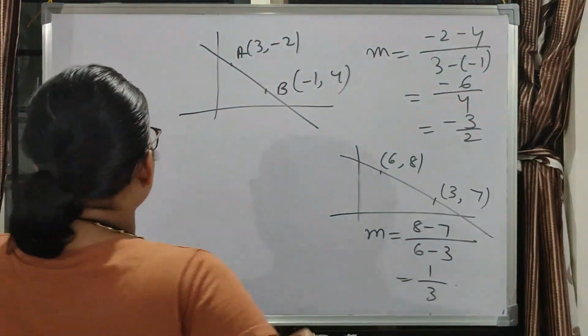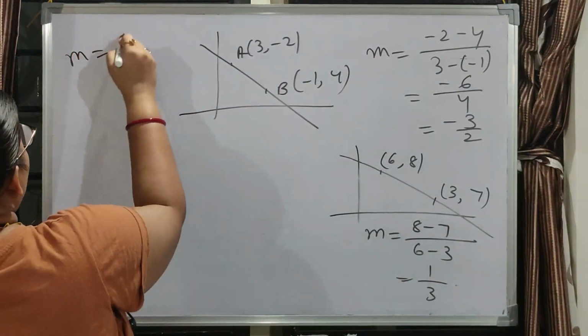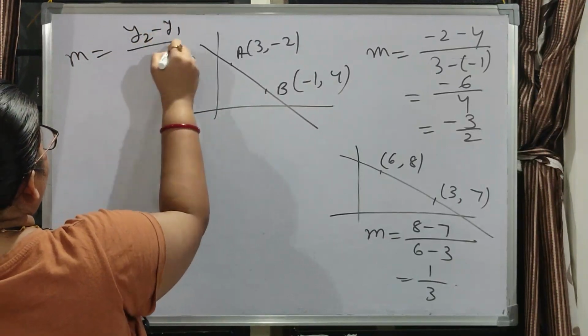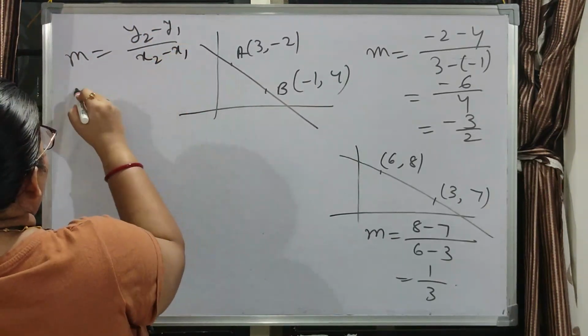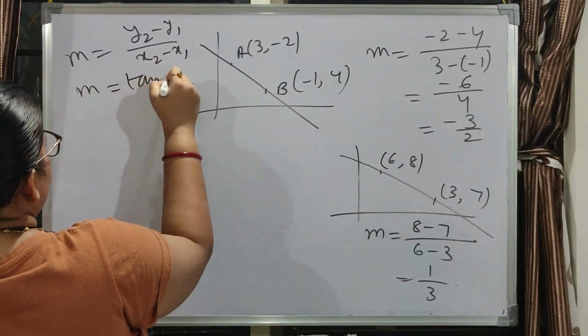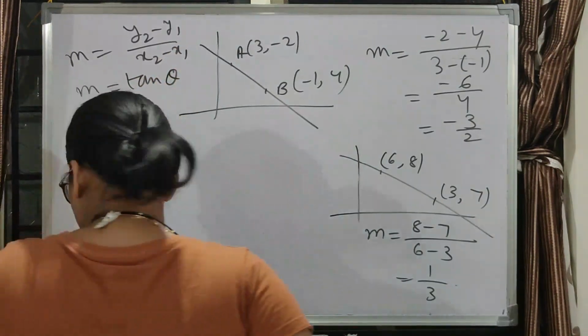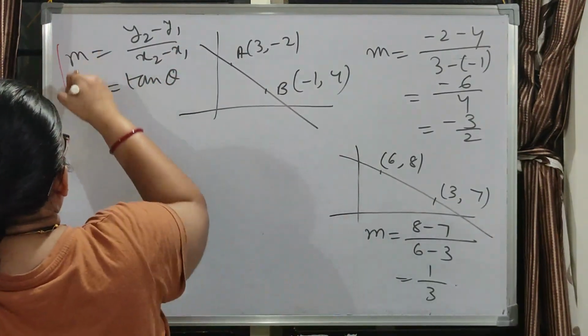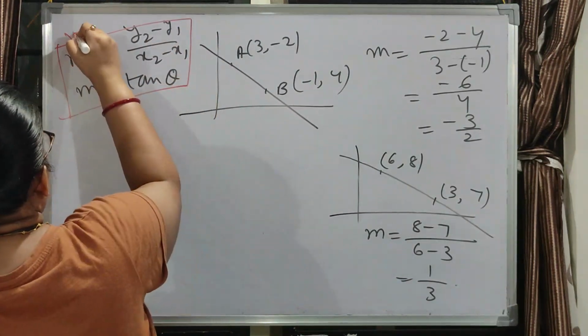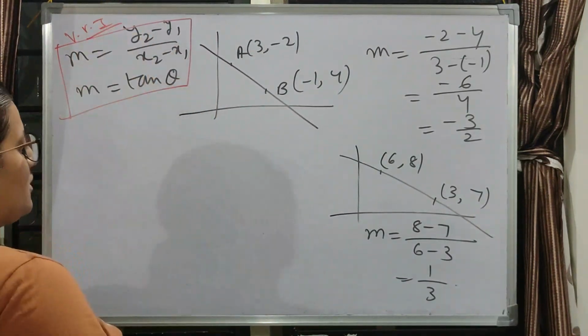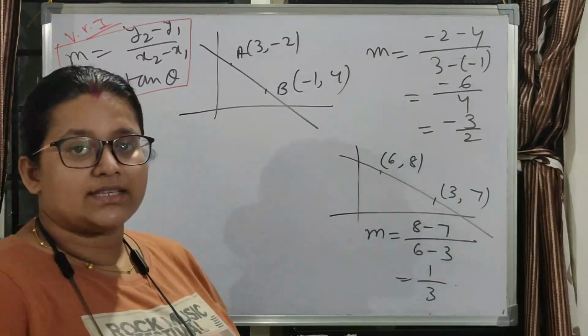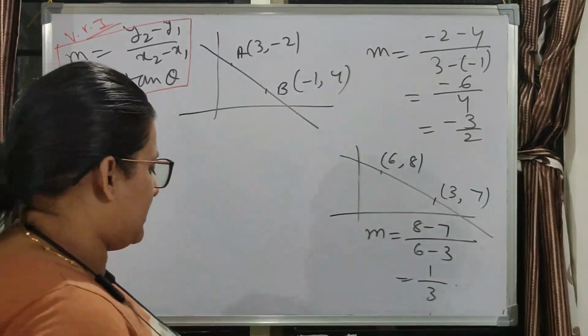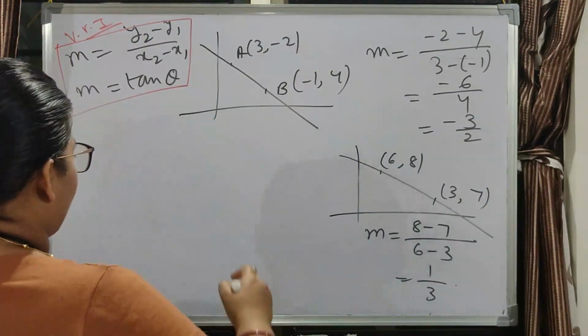The most important thing is you need to remember m equals y2 minus y1 upon x2 minus x1 and m equals tan theta. These two formulas are very important. Now we will see a few cases when two lines will be parallel. What will be the slope?